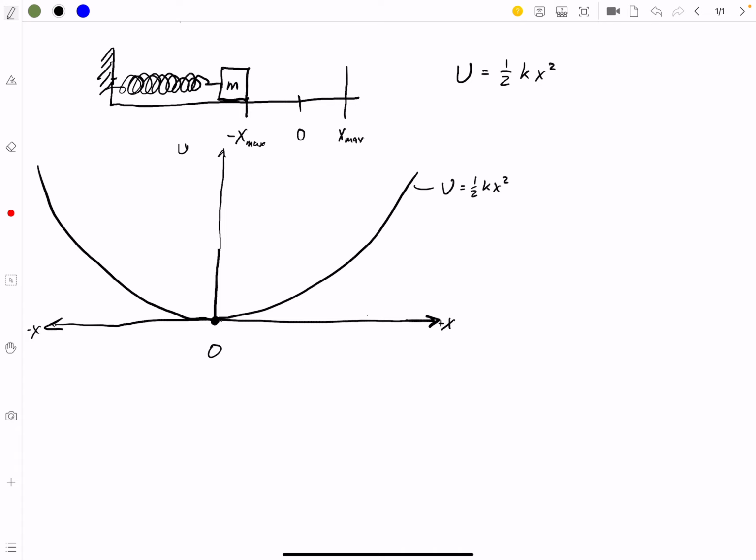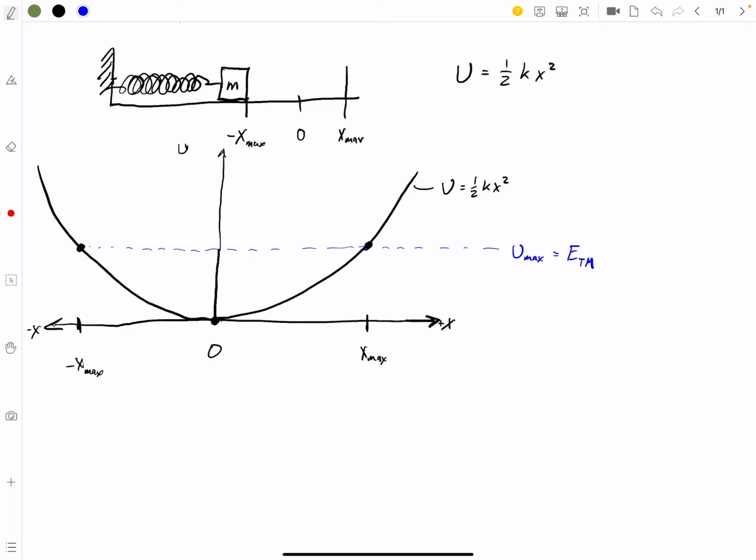If we come over here and we say this is x max, and that means this is minus x max, we can come up to this point, and that's the maximum of the potential energy that it can have. So that's U max, which happens to equal the total mechanical energy.